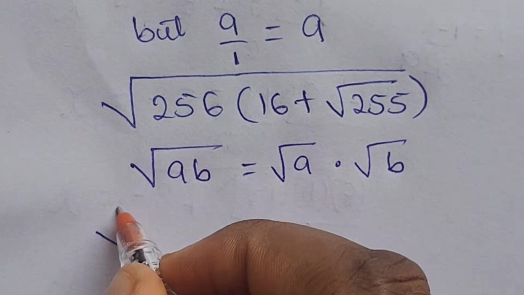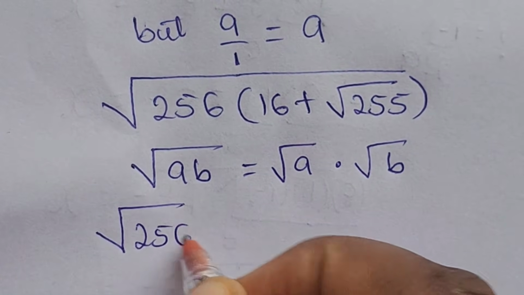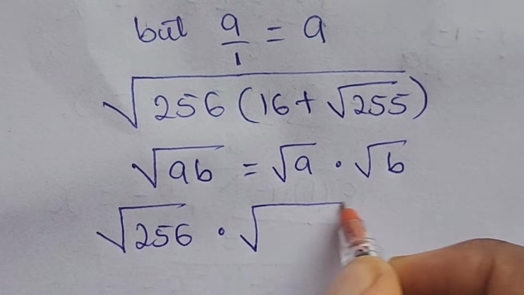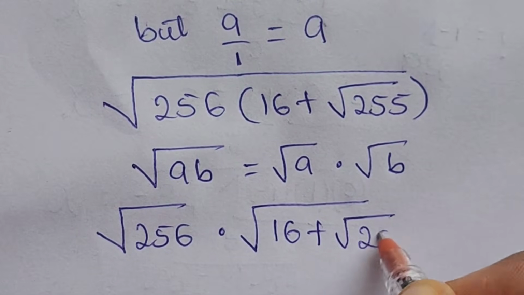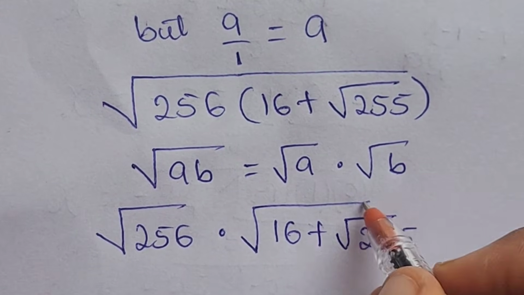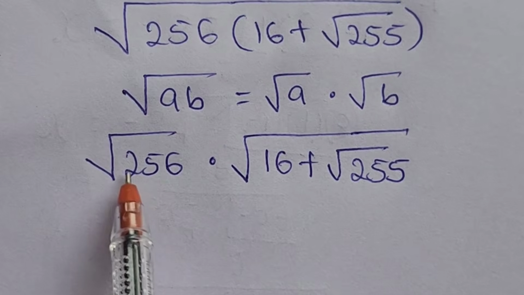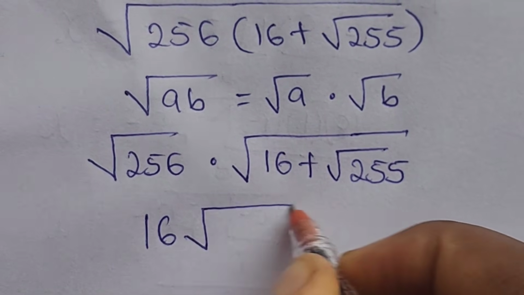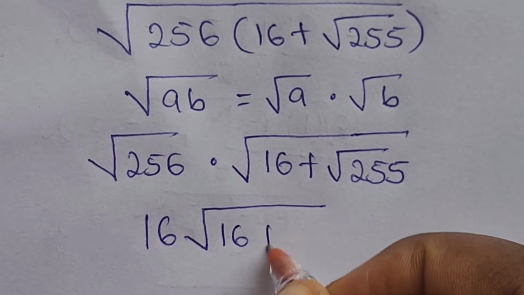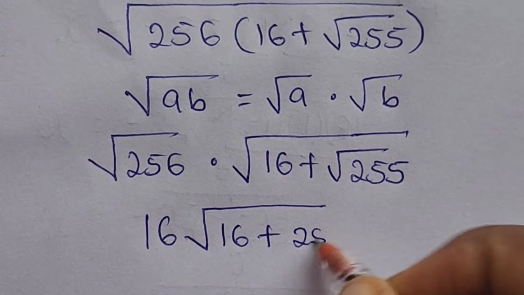So I'll be having the square root of 256 times root 16 plus root 255. So I have the square root of 256, we have 16 times root 16 plus 255.